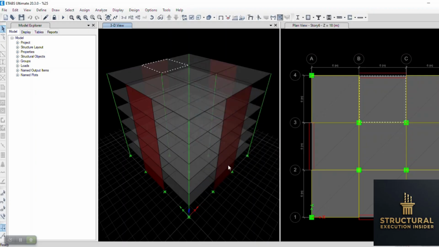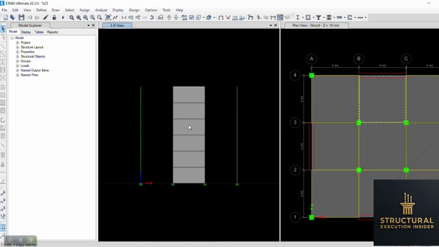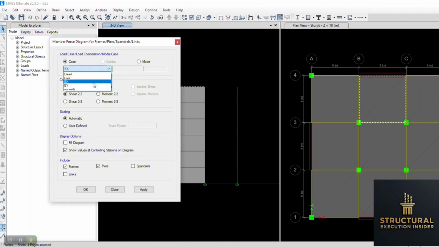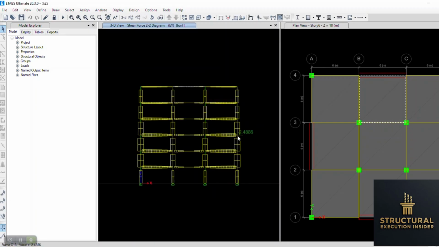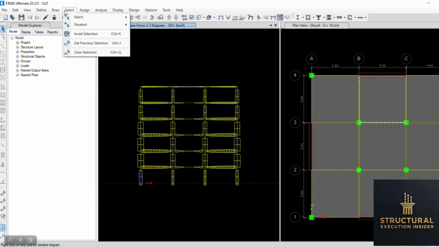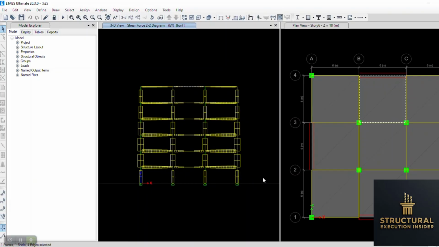To confirm this behavior, we can check Display, Show Tables, Base Reactions for EX or EY. We can see the total seismic base shear carried by the remaining frame system, for example, approximately 84.6 tons, which can later be compared against the required 25% criterion.